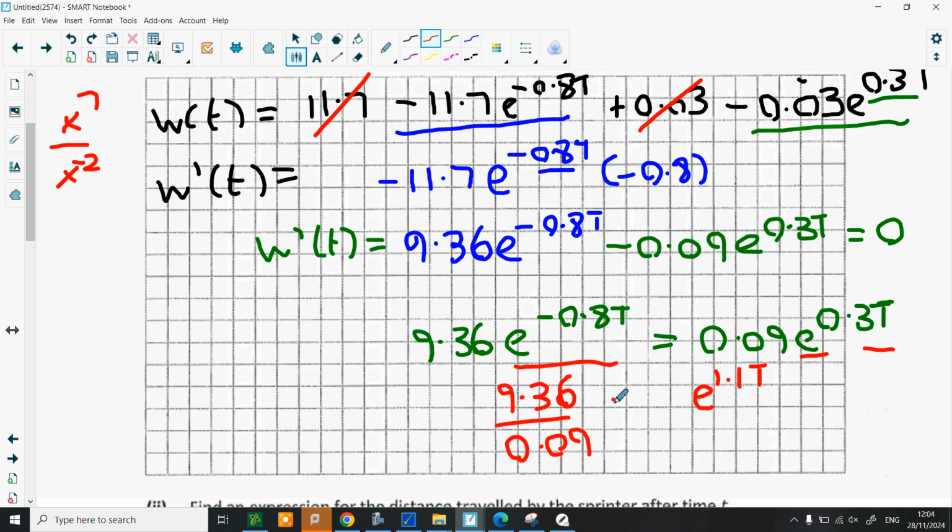Because what is the thing I have to do next? ln both sides. And then I'm going to get 1.1 t, because you move the power to the front using the power rule of logs. And it's going to be 1.1 t is the same as whatever ln of 9.36 divided by 0.09 is.